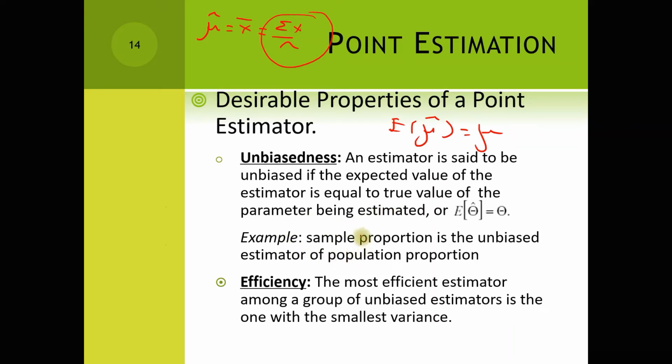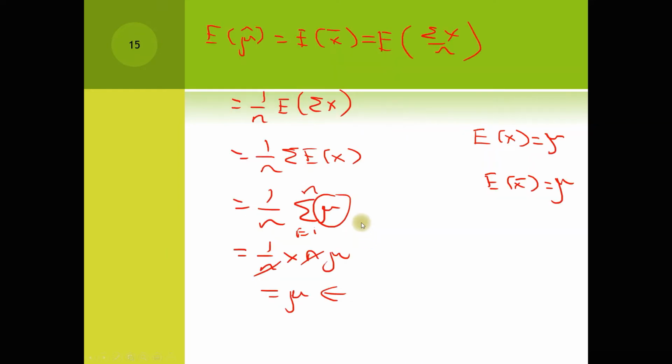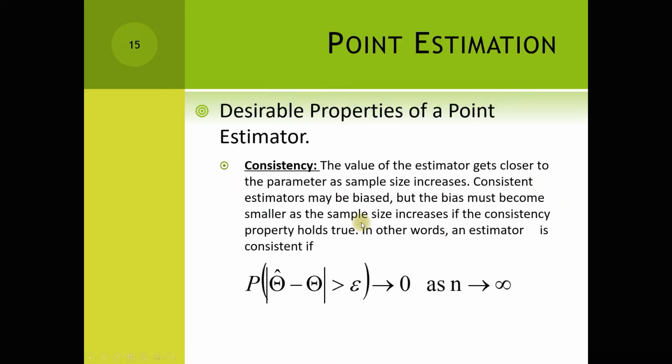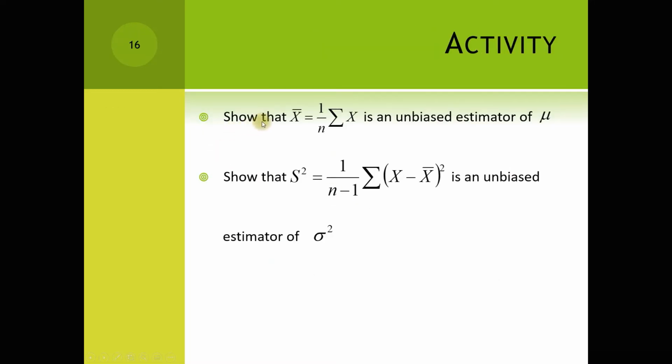Of course, we also have the sample proportion case. You have a case of sigma, which in fact I would ask you to do here. I ask you to show that x bar, equal to 1 upon n sum of x, is an unbiased estimator of mu. This I already did for you, but I also asked you to do that.